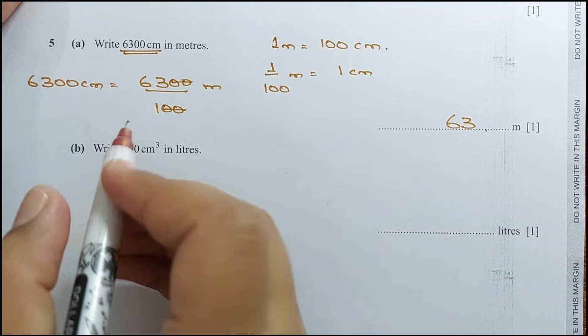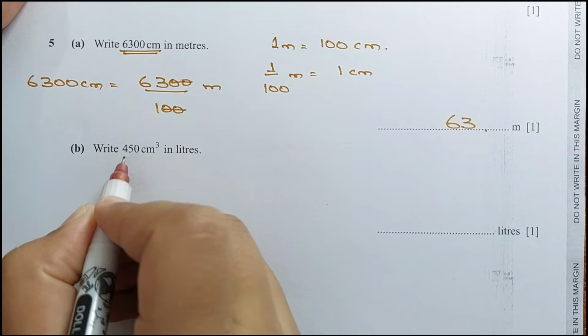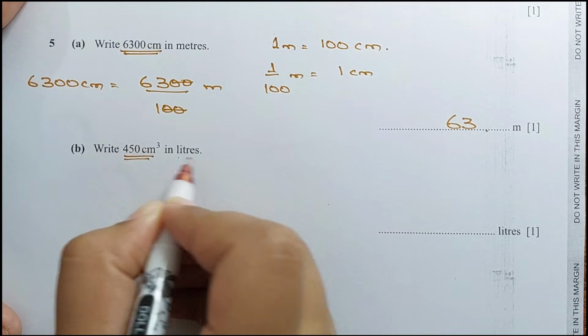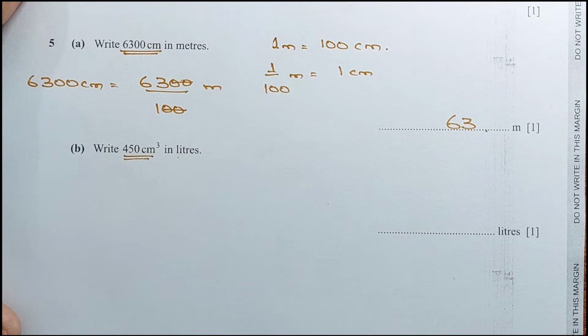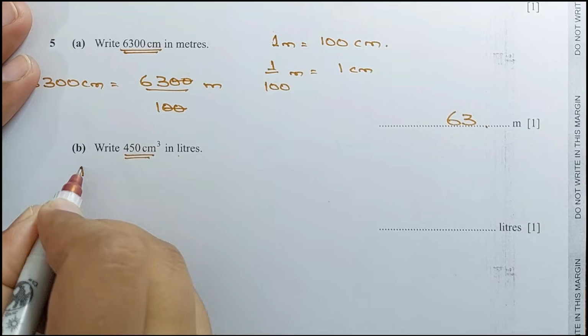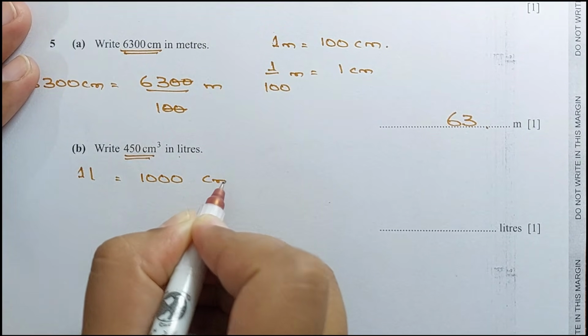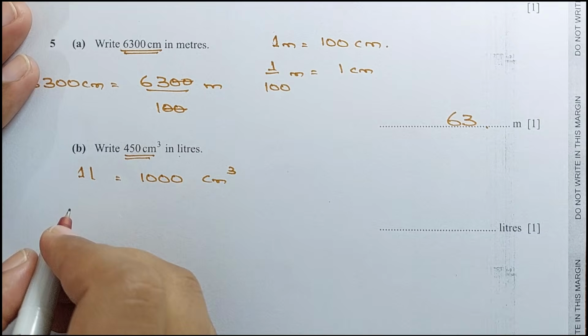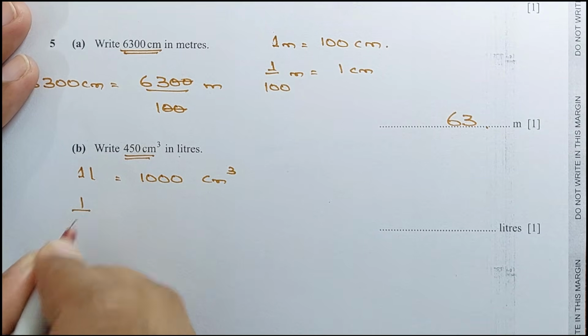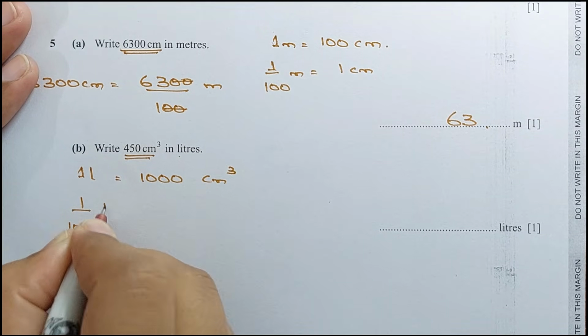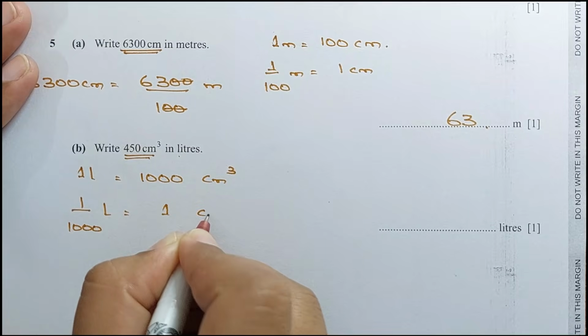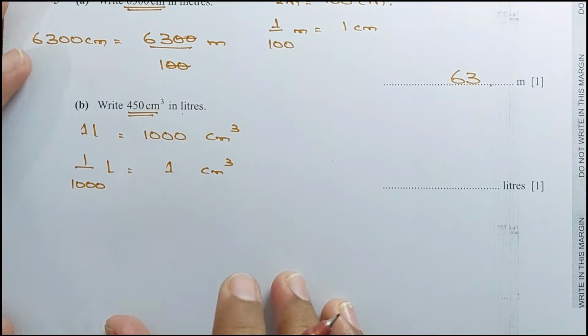Part B, write 450 cubic centimeters in liters. Okay, we know that 1 liter has 1000 cubic centimeters, and 1 over 1000 liters is equal to 1 cubic centimeter.